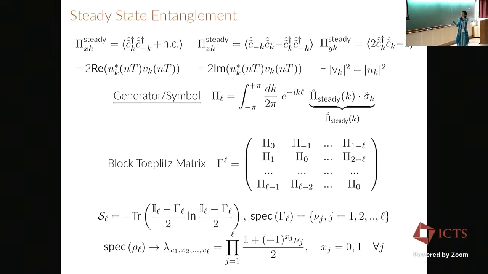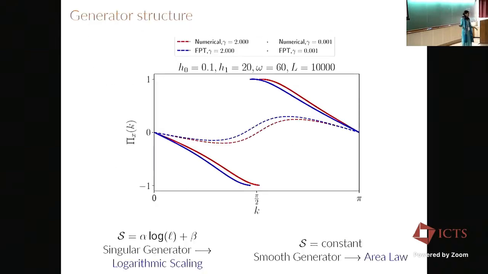Each element is itself a 2x2 matrix. Now you can say that your entanglement entropy can be calculated by calculating the eigenvalues of this matrix, and the spectrum of the reduced density matrix can be computed by combinatorics. So using these structures, we have done this analytical analysis and captured the transition analytically.